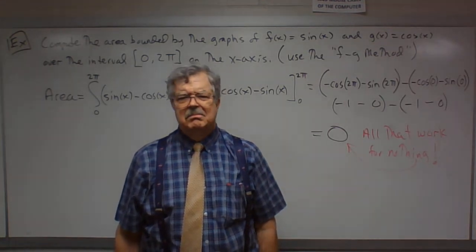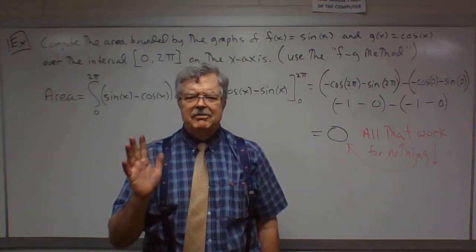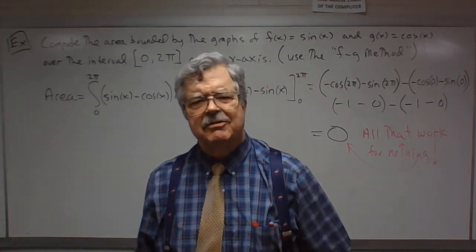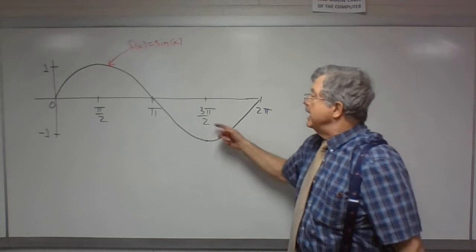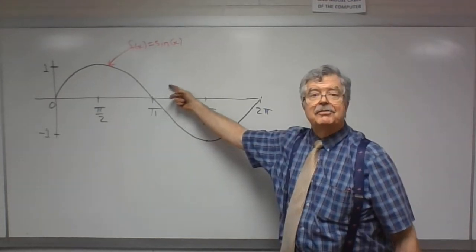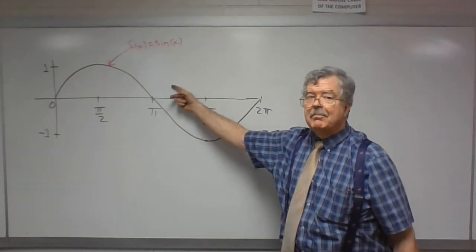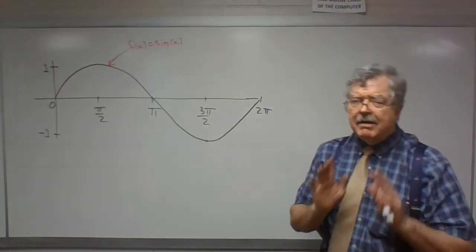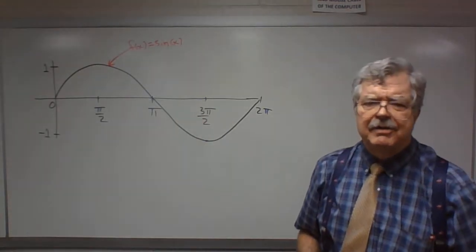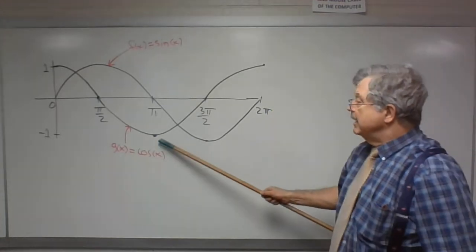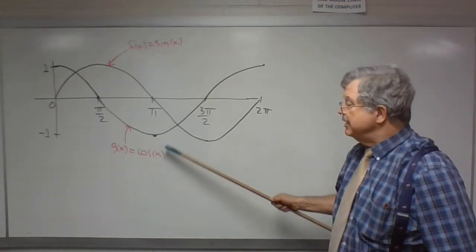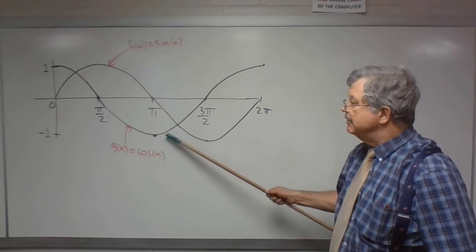Well, let's just make sure. Let's draw a picture of what's going on. Okay, I got my graph of sine of x up here, my f of x. Now let me draw the graph of cosine of x. Okay, here's my graph of g of x, g of x equals cosine of x.